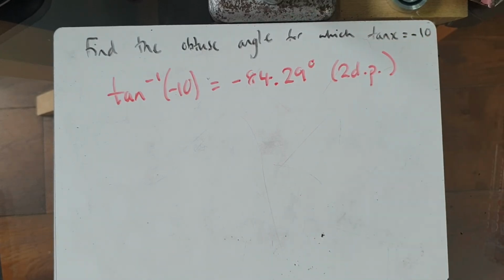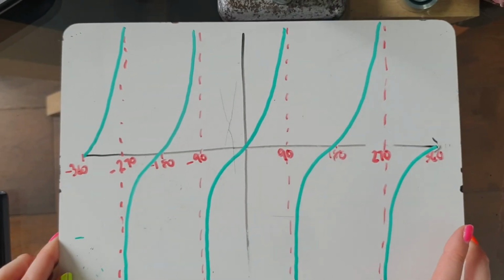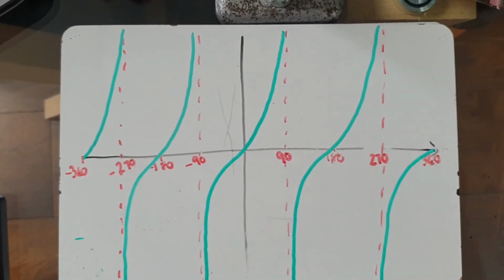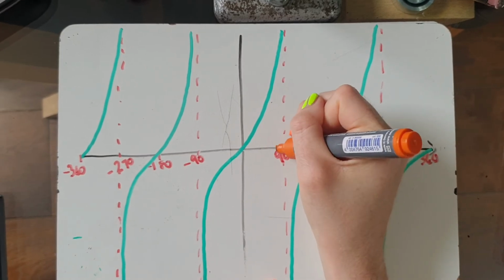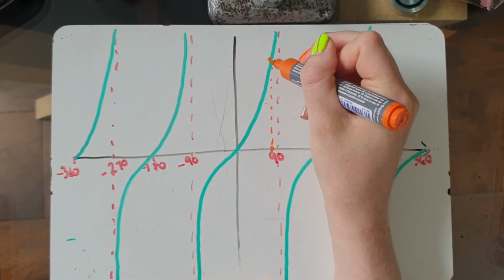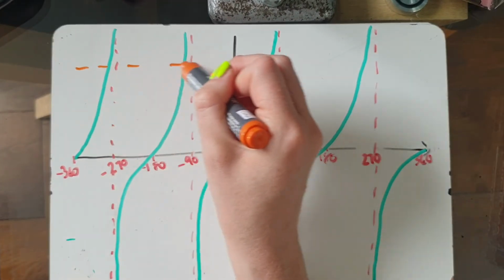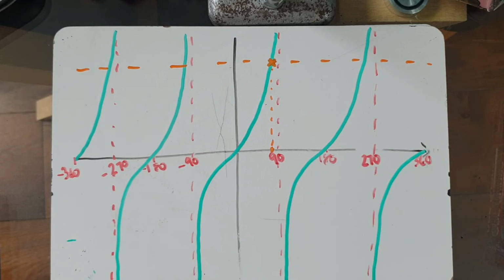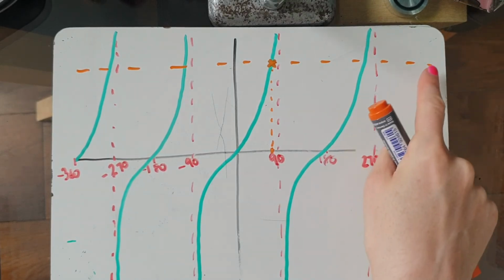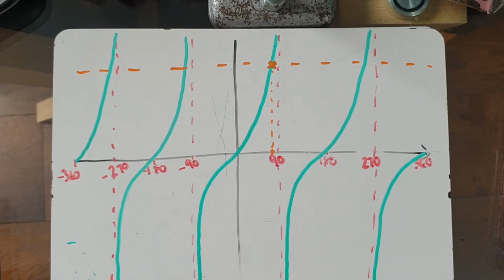Now that is acute because it's less than 90. So 84.29, that's about here. So there-ish. So any angle on that same y equals something line will give us an angle that gives us tan x equals -10.